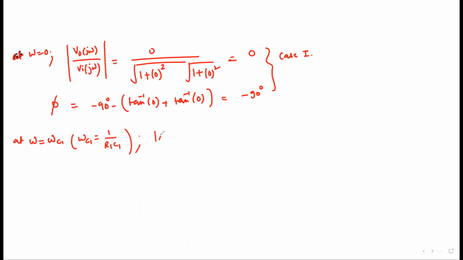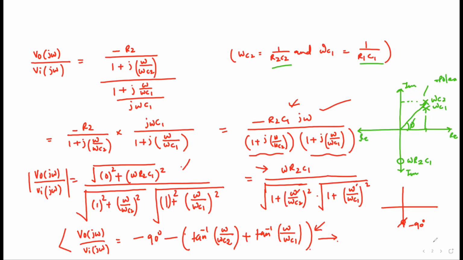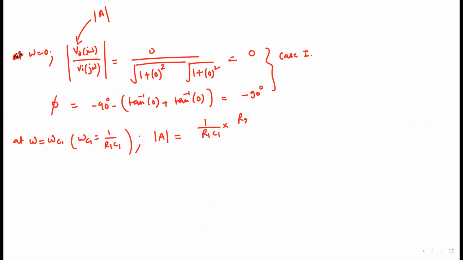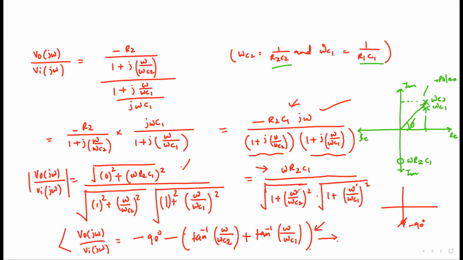In that case, we write that the magnitude, which we indicate by A, has the value 1 over R1 C1 times R2 times C1, divided by square root of 1 plus the value of omega, now omega C1 and omega C2.